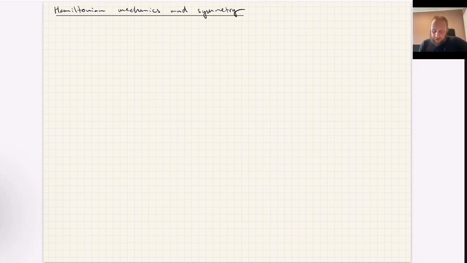But in order to do this, I first want to have a short discussion of when a continuous transformation is canonical. So let's consider a transformation of the phase space variable.